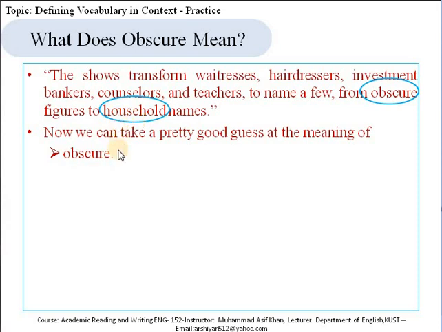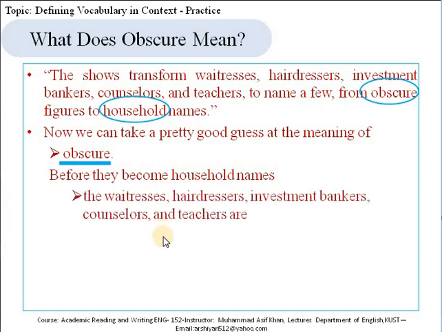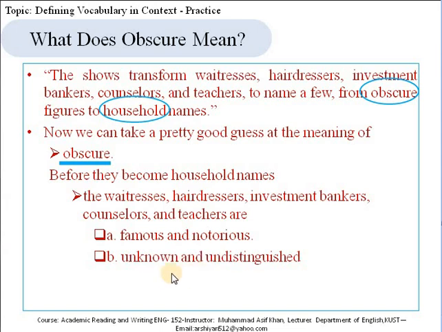Now we can take a pretty good guess at the meaning of this word obscure. Before they become household names, the waitresses, hairdressers, investment bankers, counselors and teachers are famous and notorious, unknown and undistinguished, or they are unique and distinctive.